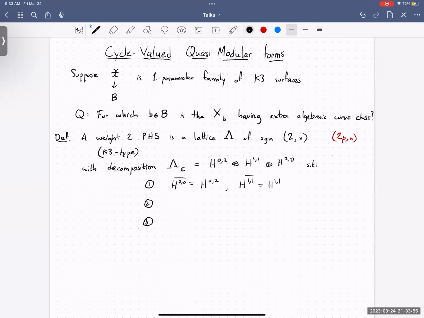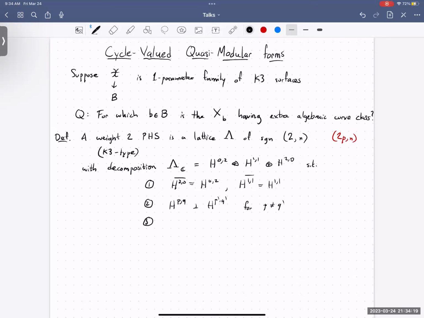The second axiom is orthogonality: H^{p,q} is orthogonal to H^{p',q'} for p not equal to q', orthogonal with respect to the lattice pairing, which is extended linearly to this complexification.